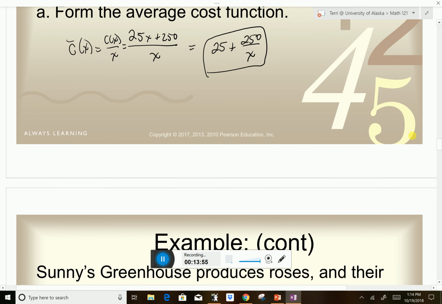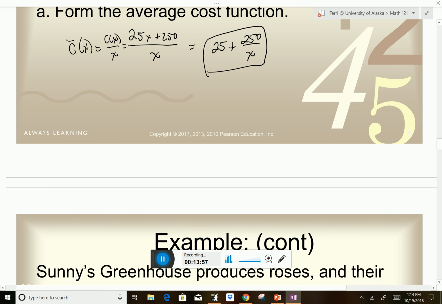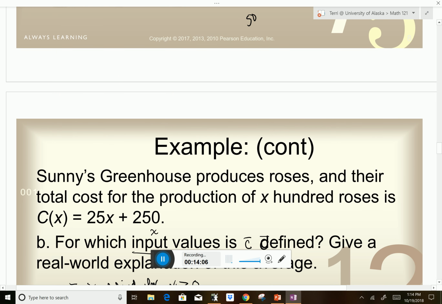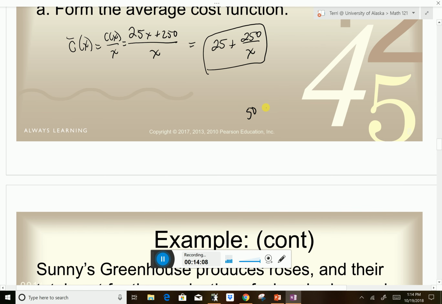This is telling us, so let's say, for example, that they sold 50 hundred roses.